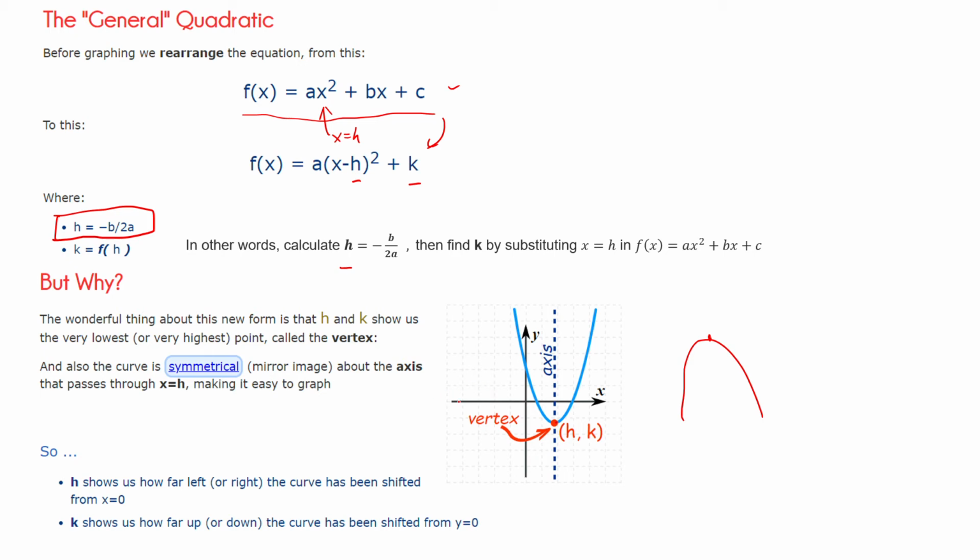And also because the curve is symmetric, we can draw the graph more easily, right? And h shows us how far the curve has been shifted from x equal to 0. So if the original function graph is like this, h is how many units to the right, and k is how many units down.